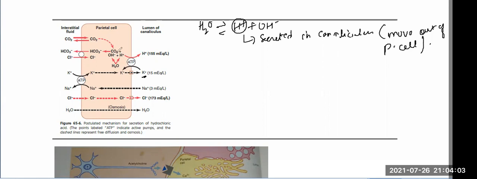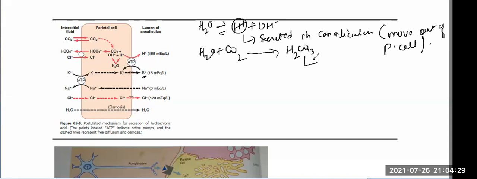You have water inside, and you have carbon dioxide also inside the parietal cell. From where does this carbon dioxide come? It has come from metabolism, where you take in oxygen, form carbon dioxide, and carbon dioxide is thrown out. So water will combine with carbon dioxide to form H2CO3.